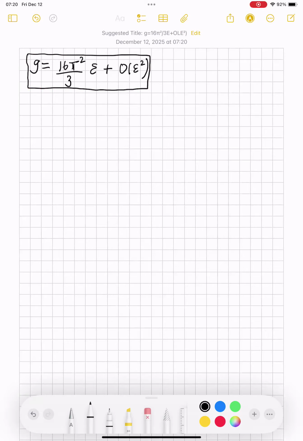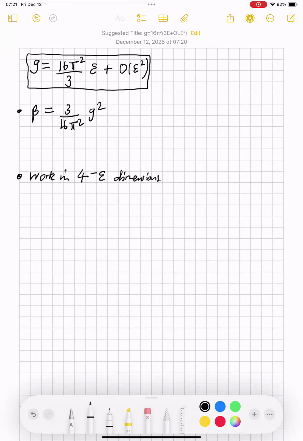Okay, so what went into this calculation? Let's just recap the logic. Well, we had the beta function. The beta function was 3 over 16 pi squared g squared. That was the first input. The second input was that we work in 4 minus epsilon dimensions.